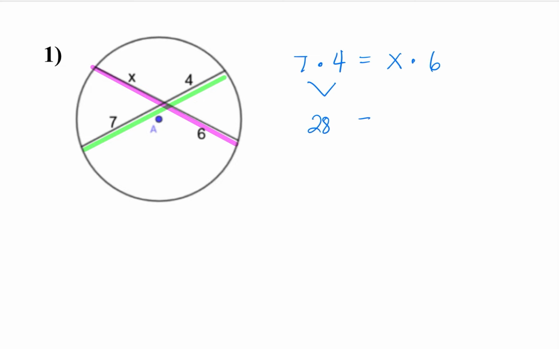And then equals 6x, isolating x, divide both sides by 6, so x is equal to approximately 4.7.